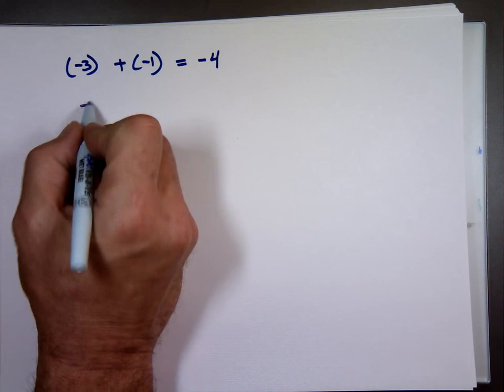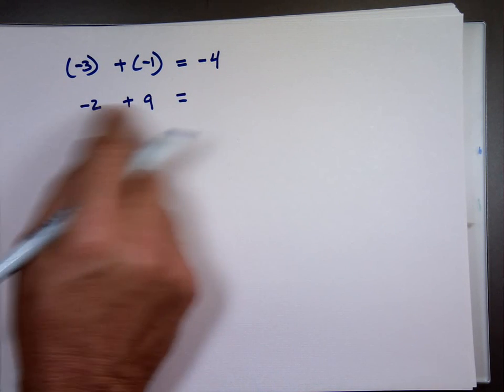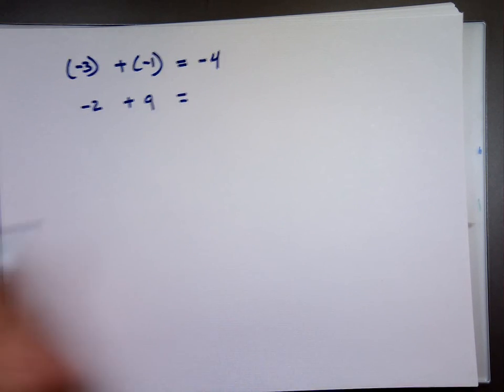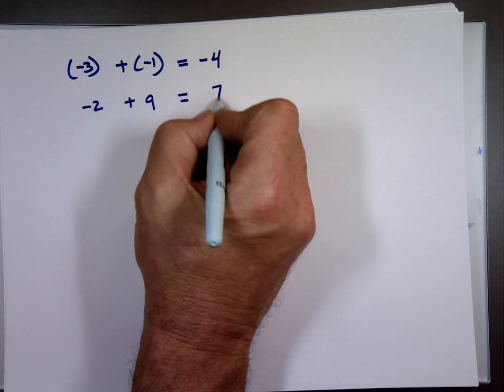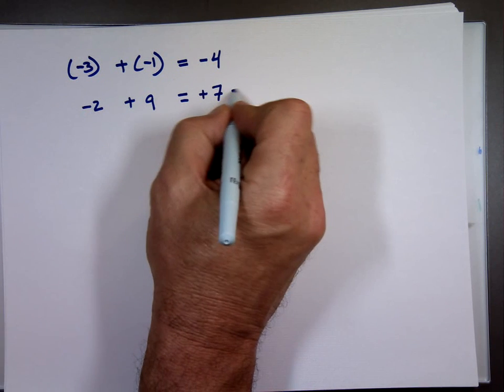What is negative 2 plus 9? Same sign or different signs? Subtract the smaller from the larger, 2 from 9. And what's the sign of the larger? Positive. We never put the plus sign, just write 7.